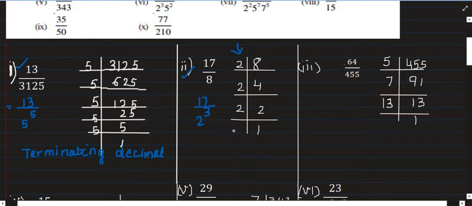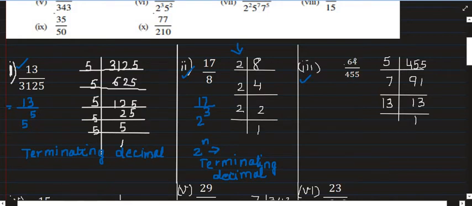So we have the denominator again in the form of 2 raised to the power n. So it implies it will have terminating decimal expansion.